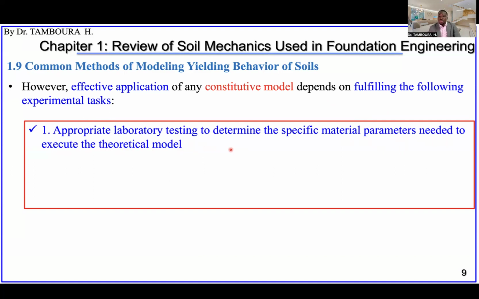So if you have a model, sometimes you need to go to the lab, for example, to know the cohesion of the soil, the internal friction angle, and the unit weight of the soil material.